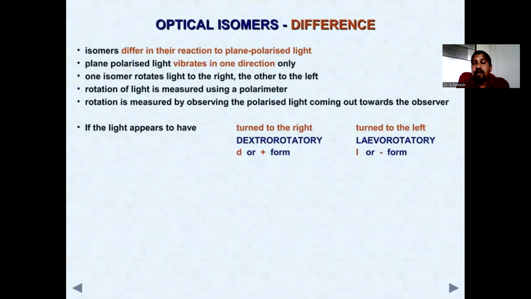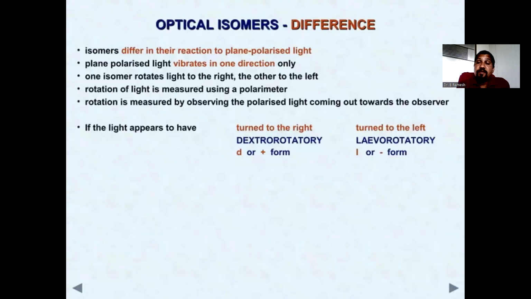If the plane of polarized light in the polarimeter rotates clockwise, the compound is optically active, and it is called the D form, or plus form, dextrorotatory. If the compound rotates the light anti-clockwise, we call it levorotatory, or the L or minus form.